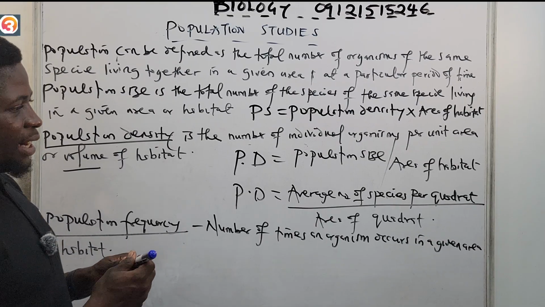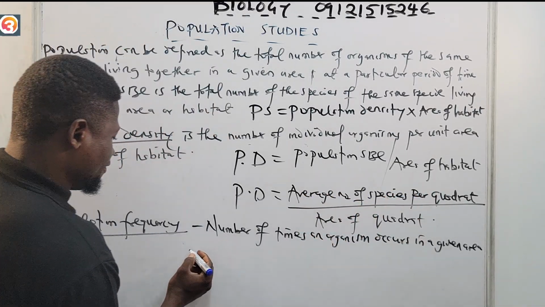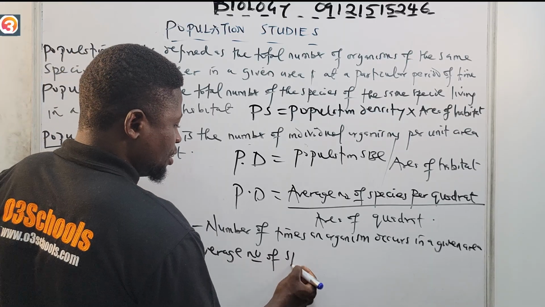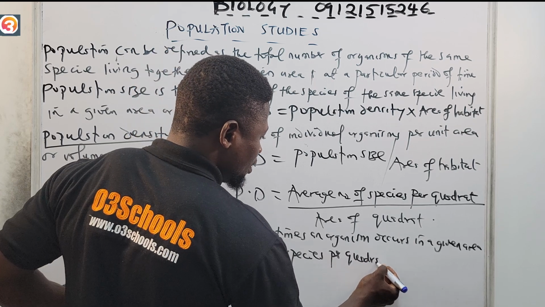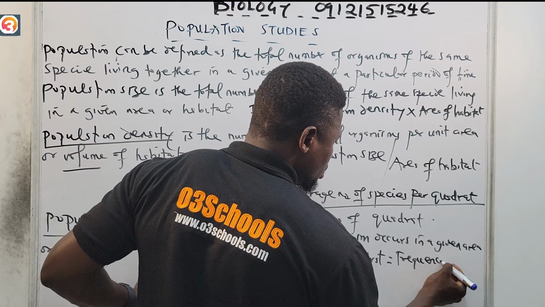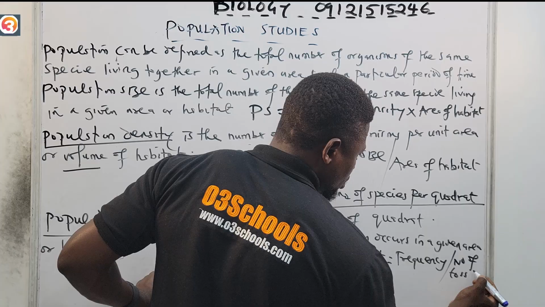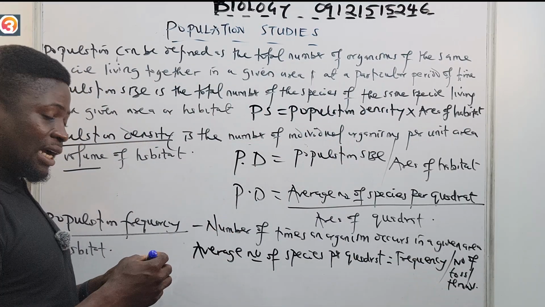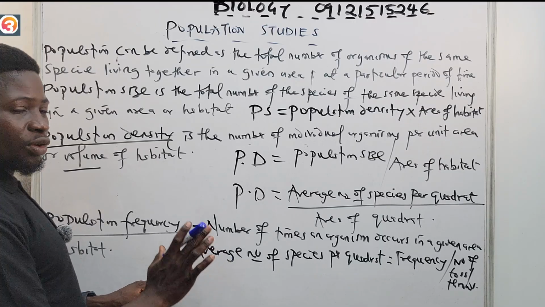Also, mathematically, we know that the average number of species per quadrat itself is equal to frequency over the number of tosses or throws. We're going to see what they are when I talk about the methods used in population studies, so just take note of them one after the other.